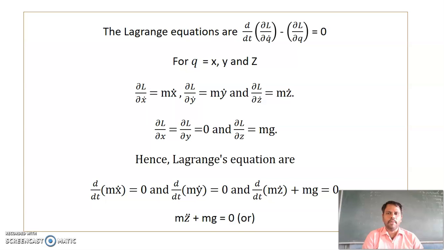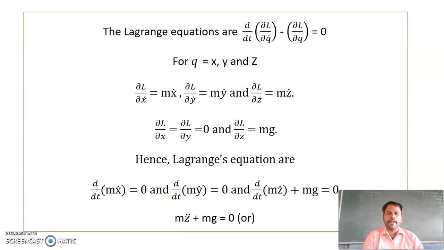However, dou L by dou x and dou L by dou y are equal to 0, and dou L by dou z is found to be minus mg. Hence, the Lagrangian equations are d by dt of m x dot is equal to 0, d by dt of m y dot is equal to 0, and d by dt of m z dot plus mg is equal to 0.